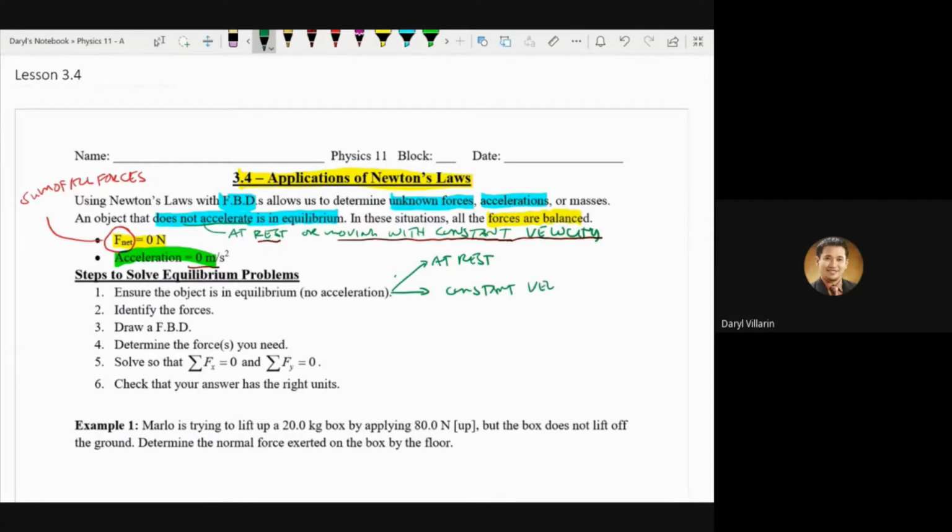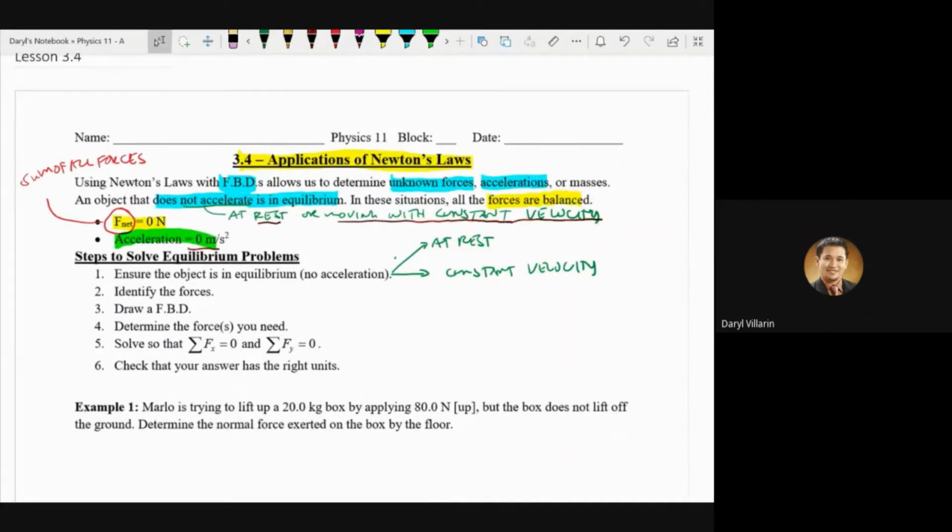Because in most cases, in a particular question, you don't have to use the words acceleration is equal to zero. They will just say that the object is at rest or the object is moving with constant velocity. Well, that would be falling in this particular case that the acceleration is equal to zero. So the net force is equal to zero.